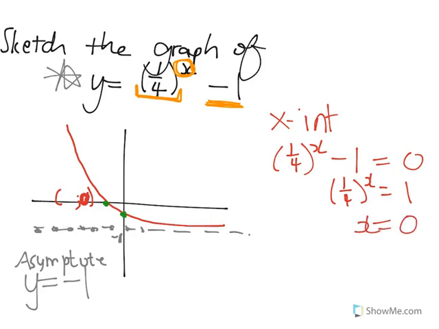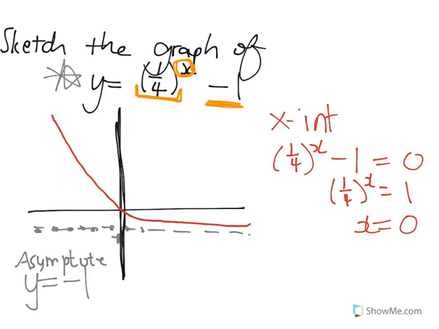So actually, my sketch is off, because that means this point needs to be over here. At that point, I would quickly erase my sketch and redraw it and pretend that didn't happen. Alright, there's my corrected sketch, and our x and y intercept all in one is the origin.